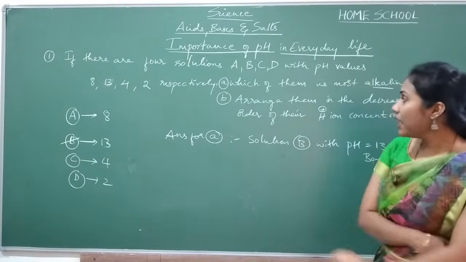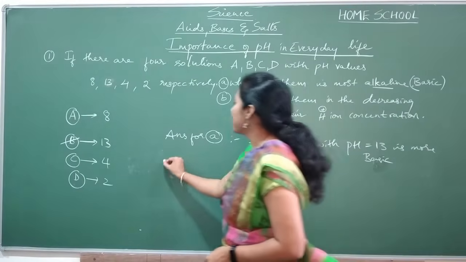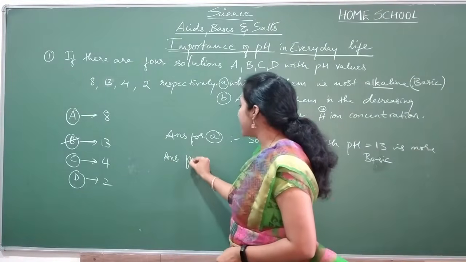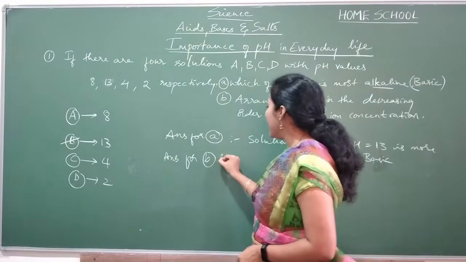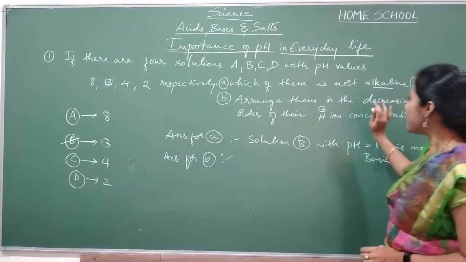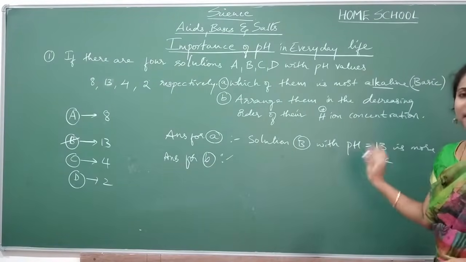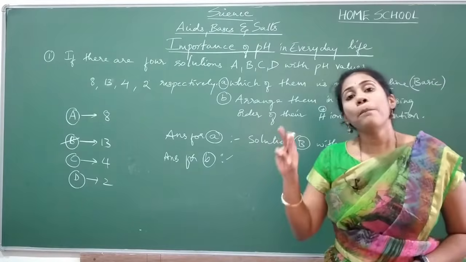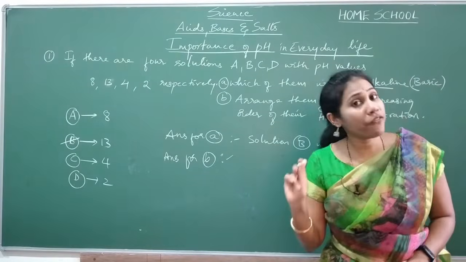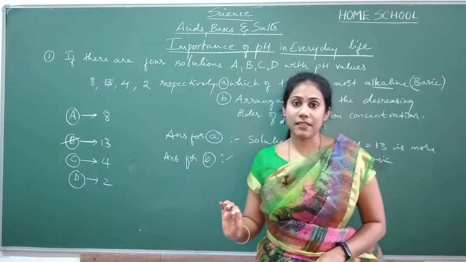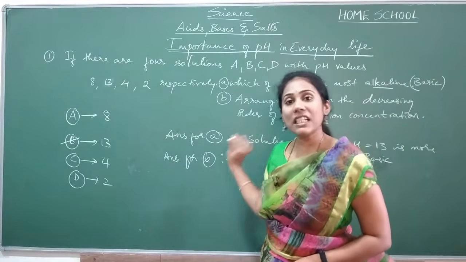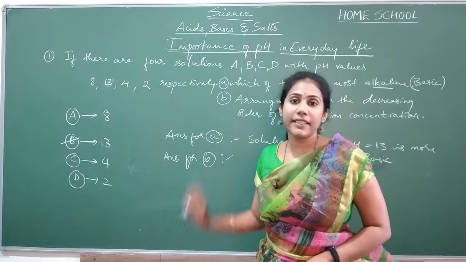Fine. And coming to the second question, let us discuss the answer for B question. This type of question is very common in the examination, where most of the students will fail to give a correct answer. You should clearly read the question and see what they are asking.